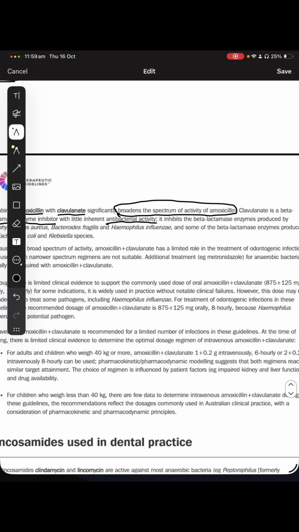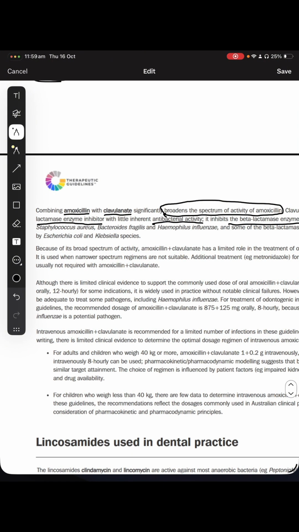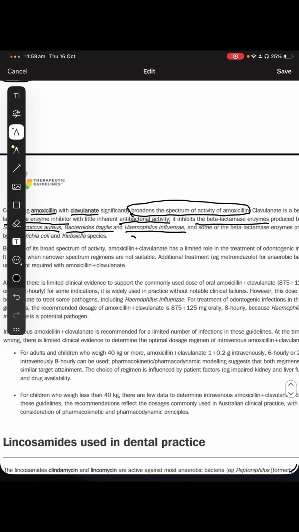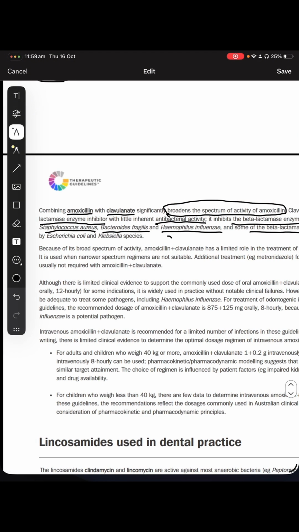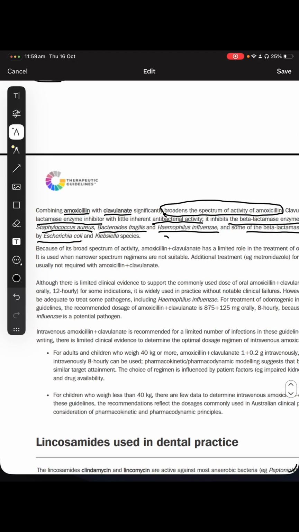It inhibits the beta lactamase enzymes which are produced by Staph aureus, Bacteroides fragilis, and Haemophilus influenzae, and some of the beta lactamase enzymes produced by Escherichia coli and Klebsiella species.